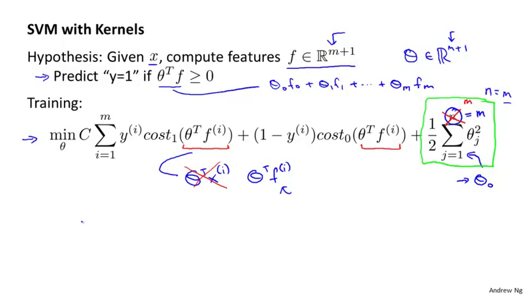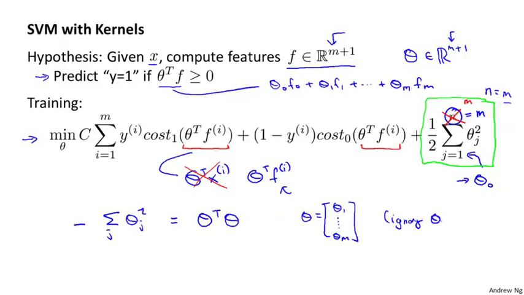But that term, the sum over j of theta j squared, can be written as theta transpose theta if we ignore the parameter theta 0. So if theta were theta 1 down to theta m, ignoring theta 0, then this sum over j of theta j squared can also be written theta transpose theta.